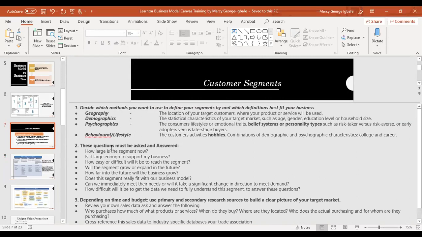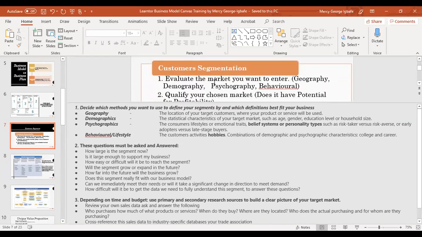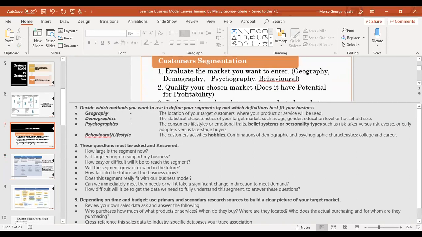With regards to question 2 that I said you must ask and find out, you want to qualify your chosen market. How do you do that? You must answer these questions: How large is the segment? Is it large enough to support my business? How easy or difficult will it be for me to reach the segment?